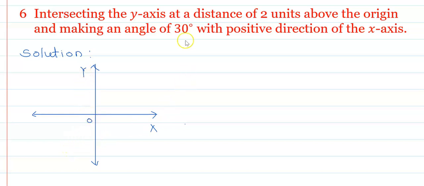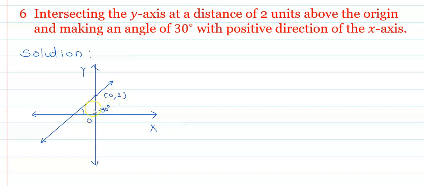The given line makes an angle of 30 degree and intersects the y-axis at a distance of 2 units above the origin. Therefore we have the line here. It makes an angle of 30 degree, and here is a point 2 units, that is 0 comma 2.